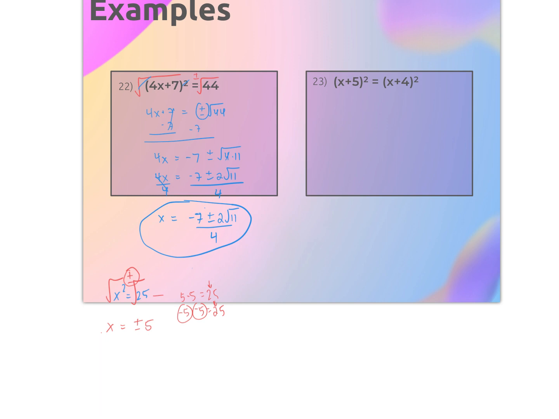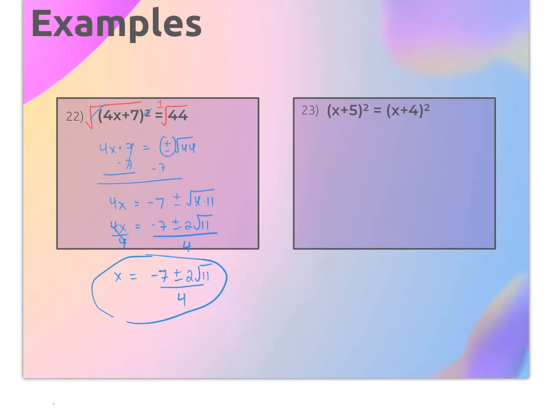And this last problem that we're going to do here is actually one we're going to skip. Okay, we're not going to do this one now. If you look at it and you say, oh, what do I do? The correct setup would be to take the square root of the left and the positive and negative square root of the right.